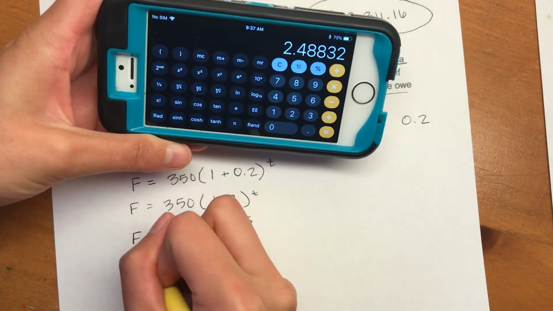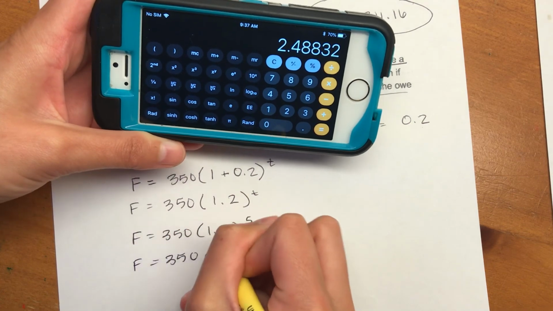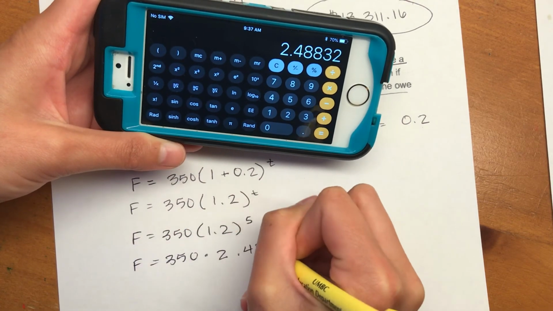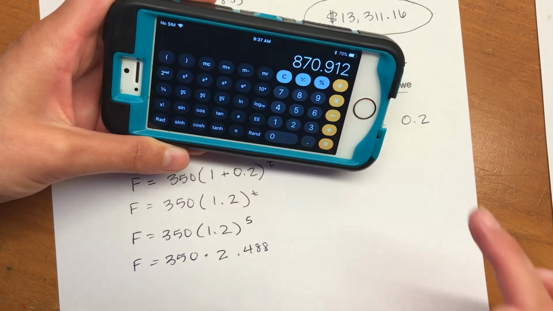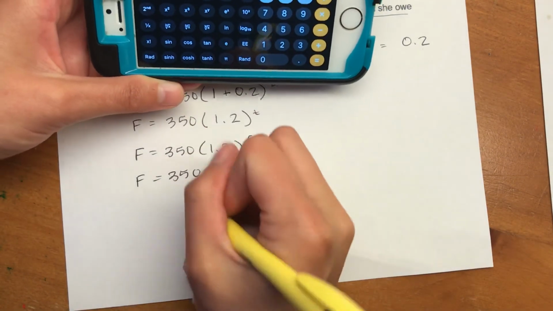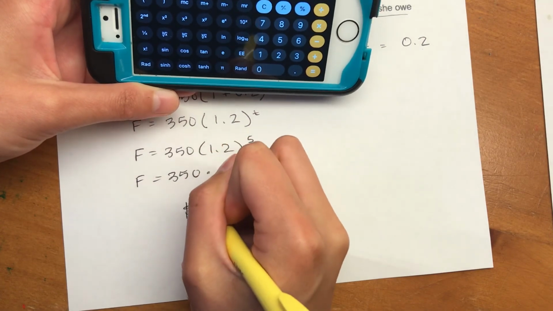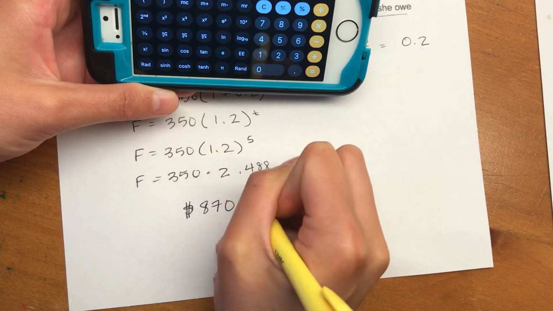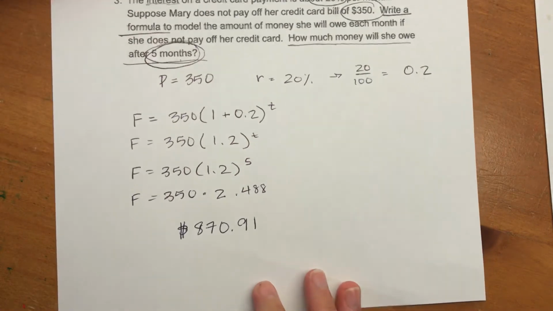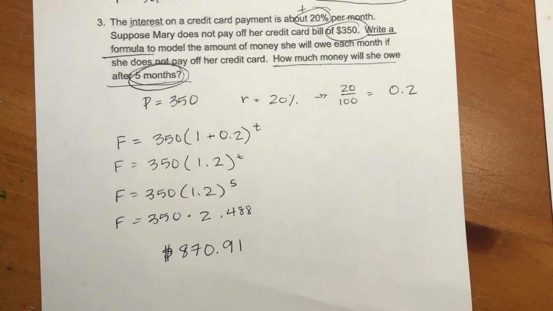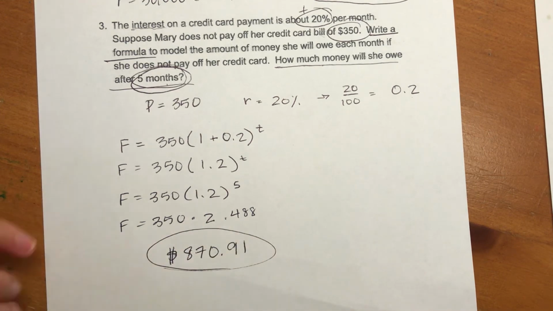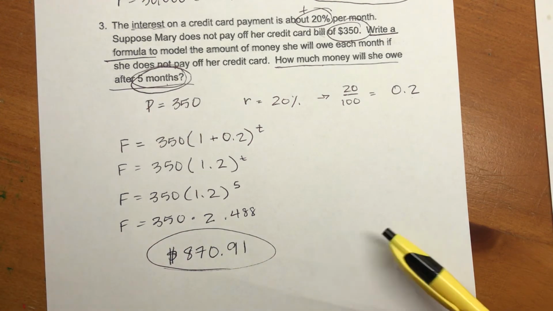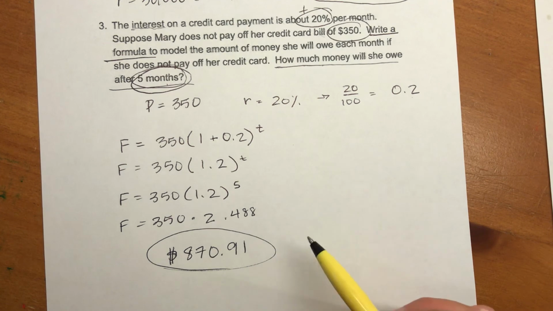So I have F equals 350 times 2.488. So I'll multiply this by 350, and I get my final credit card bill after 5 months is $870.91. Okay? So with a 20% interest rate after 5 months, now Mary owes $870.91. Okay? So this is a real life thing, right?